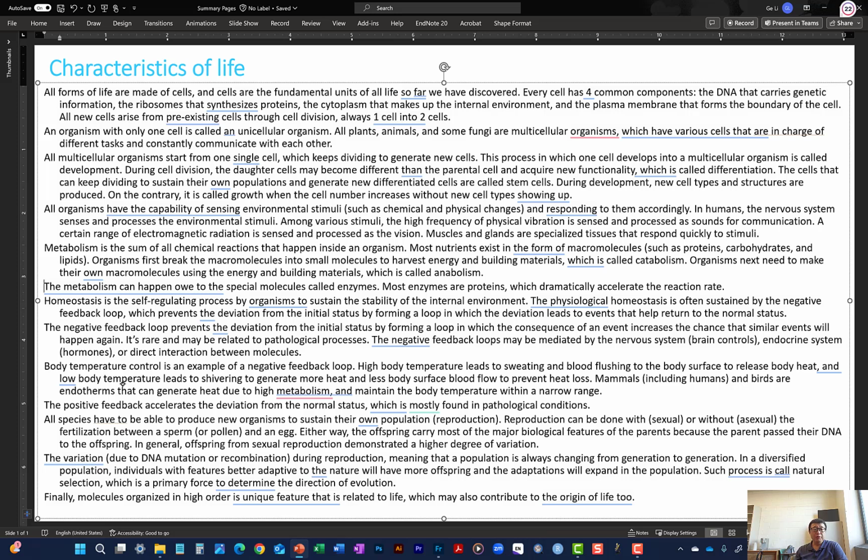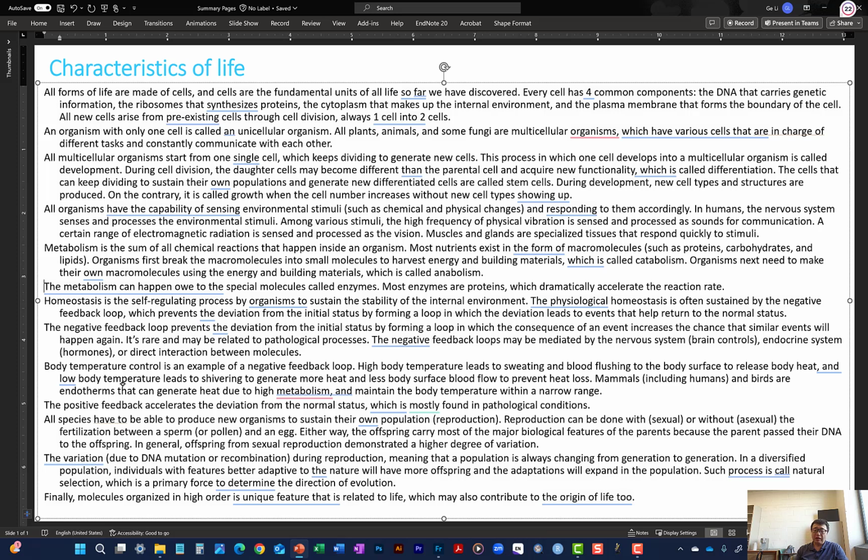This stable internal environment has a special name, homeostasis. Homeostasis means that organisms have the capability to maintain their internal environment relatively stable, which means you cannot allow certain molecules to go too high or too low.